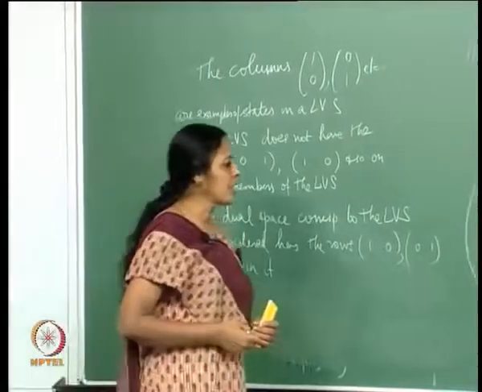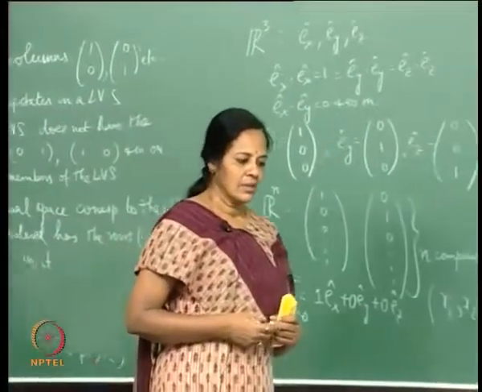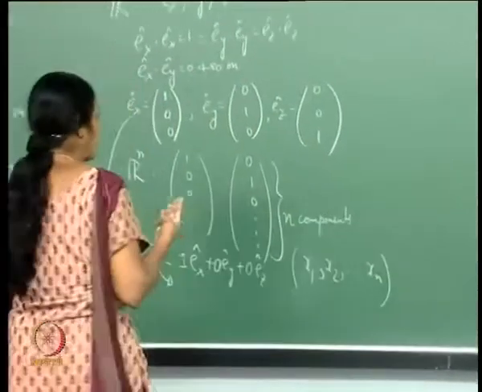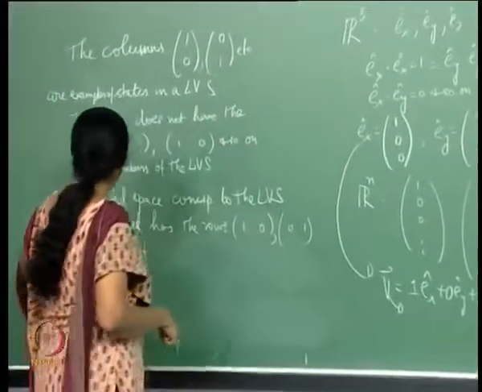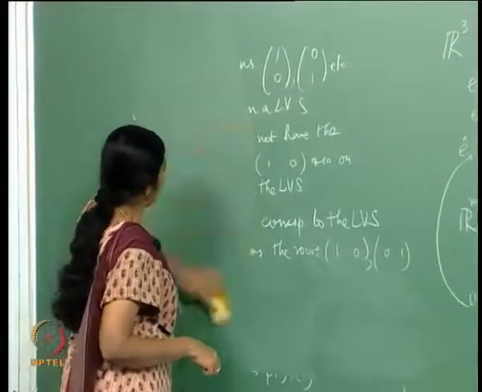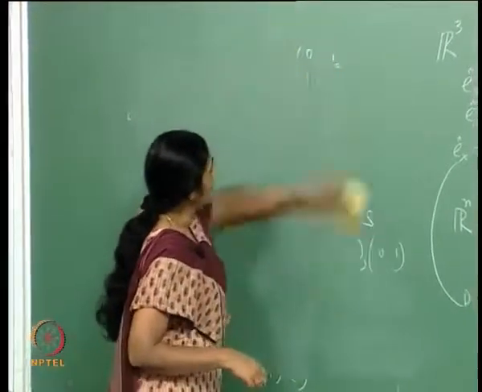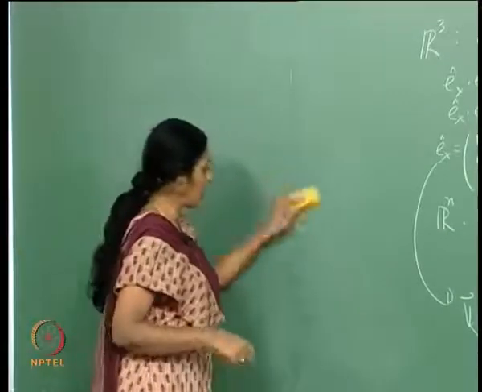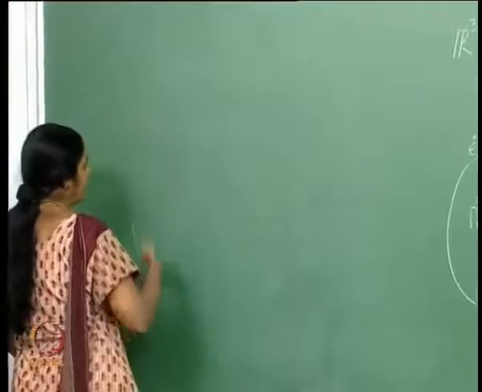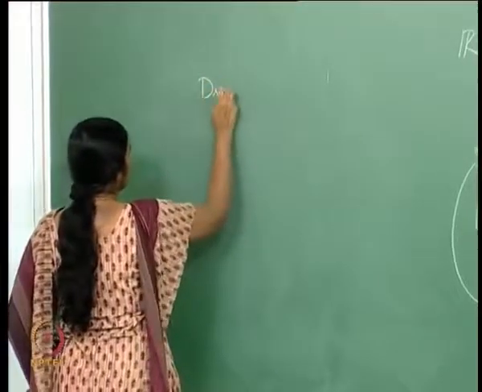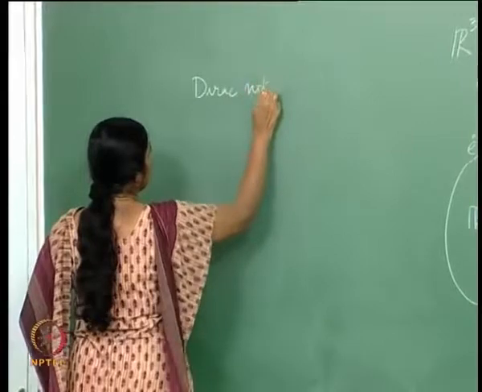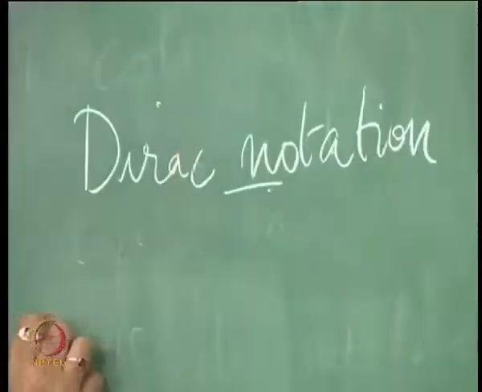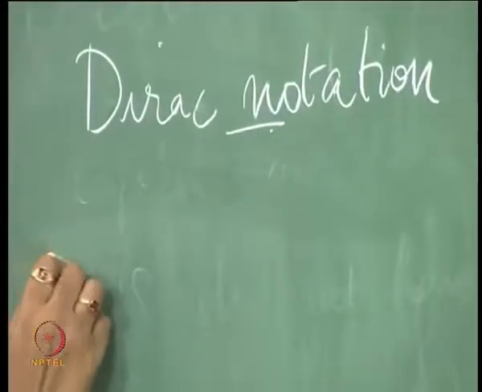Since we have a wide variety of linear vector spaces and I wish to study the properties of linear vector spaces in general, this is an appropriate time to introduce a very powerful and compact notation to represent the states of a linear vector space. This notation, given to us by Dirac, one of the founding fathers of physics and quantum physics, the Dirac notation, is as follows.